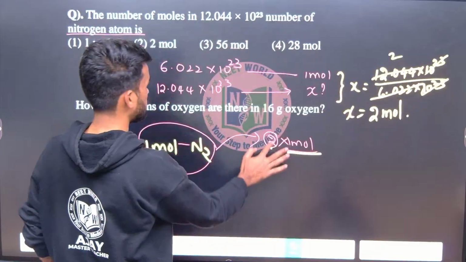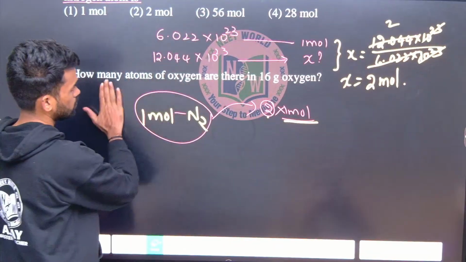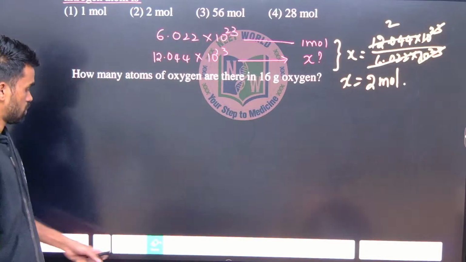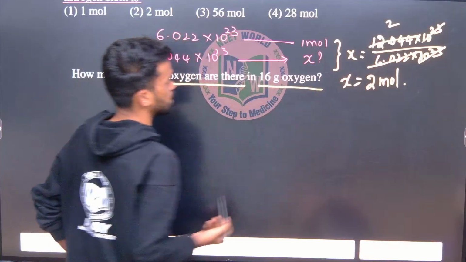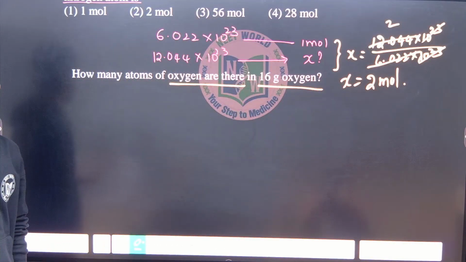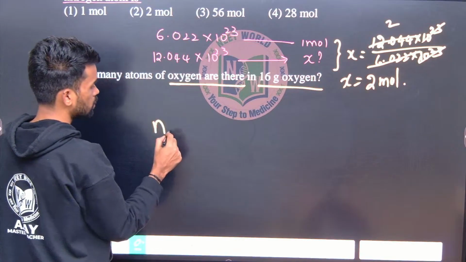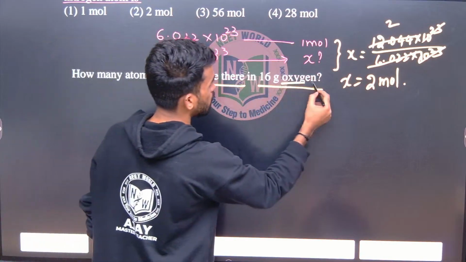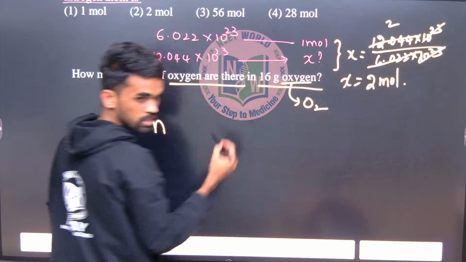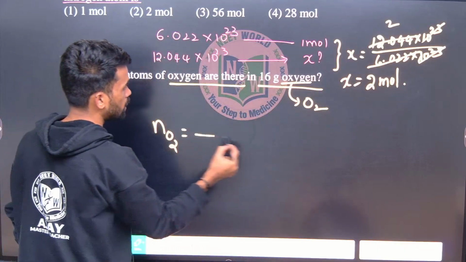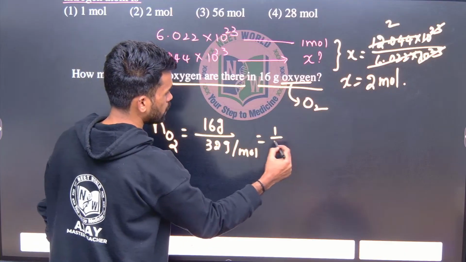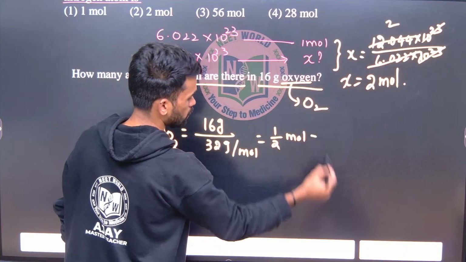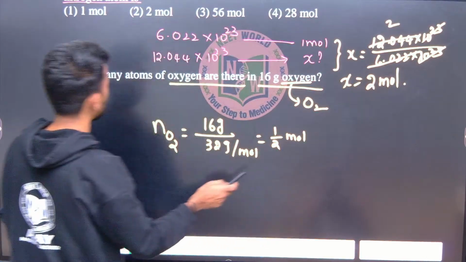Next. For this question you tell me: how many atoms of oxygen are there in 16 grams of oxygen? Oxygen means what you should understand here? O2 it is. So you are finding moles of O2: 16 grams by 32 gram per mole, so 1 by 2 mole or 0.5 mole. So what are they asking?